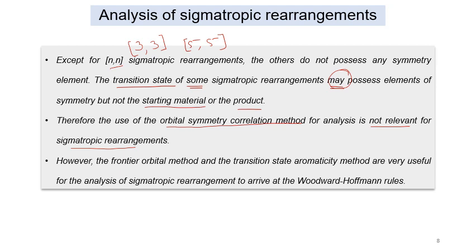Then what analysis should we use? The frontier orbital method and the transition state aromaticity method are useful for the analysis of sigmatropic rearrangements. And on the basis of this, we can arrive at the Woodward-Hoffmann rules.